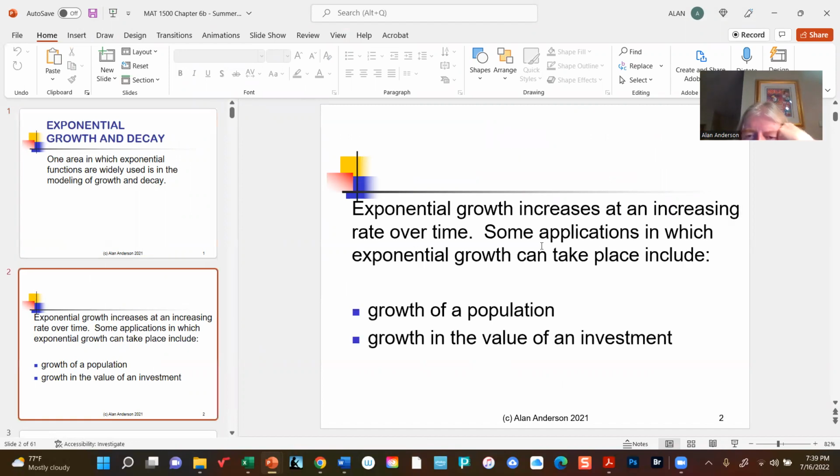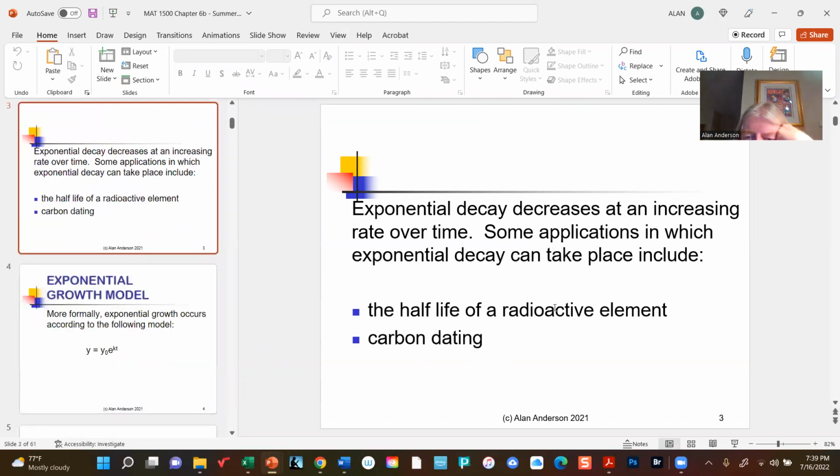And just a quick overview here, the growth can be used in lots of applications, in particular the growth of a population, growth in the value of an investment, and then the decay can be used for the half-life of radioactive elements. You might remember that from high school. You learned how to tell how long it would take before all the radioactive elements in, let's say, a bar of uranium would turn into lead.